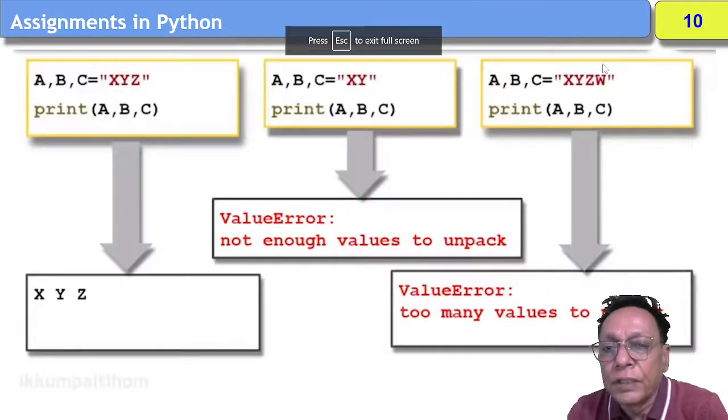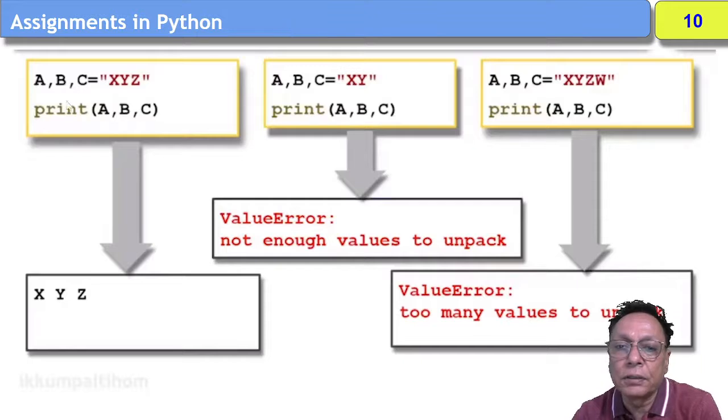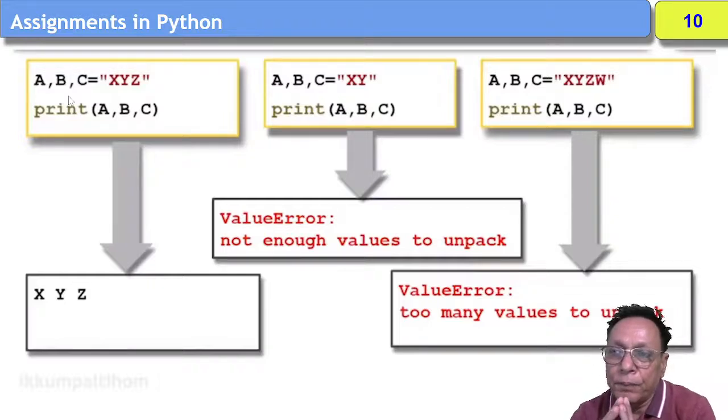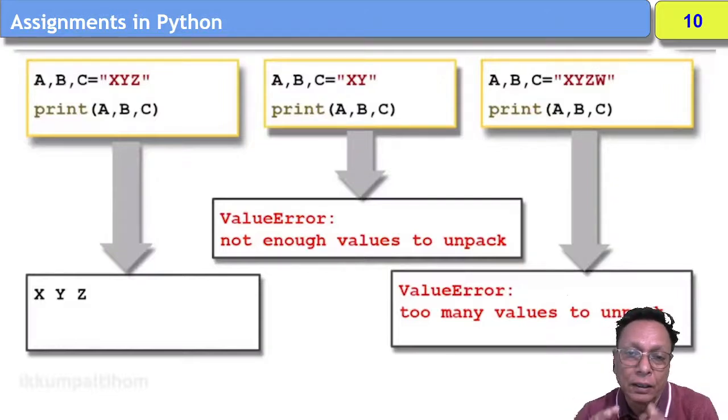If you see the first picture, there is a similar number of identifiers and literals on both sides. On the left hand side, the L values are A, B, and C, and the corresponding R values are X, Y, and Z. What happens when this statement is executed in Python?